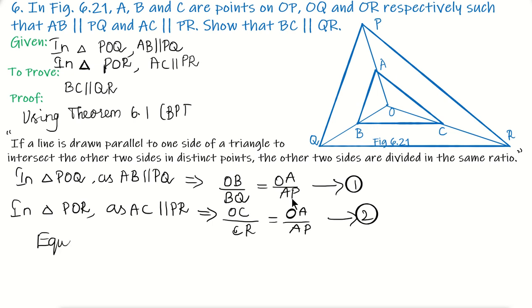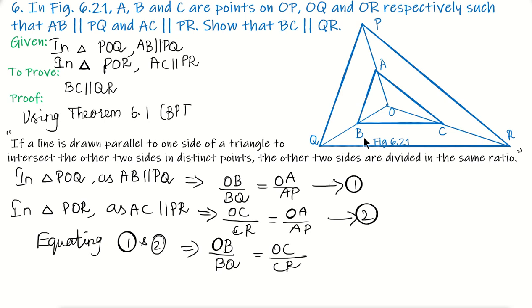Now we can write, equating the equations 1 and 2, we get OB by BQ is equal to OC by CR. இது எந்த portionல வருதுன்னா smaller triangle QOR ல வருது.